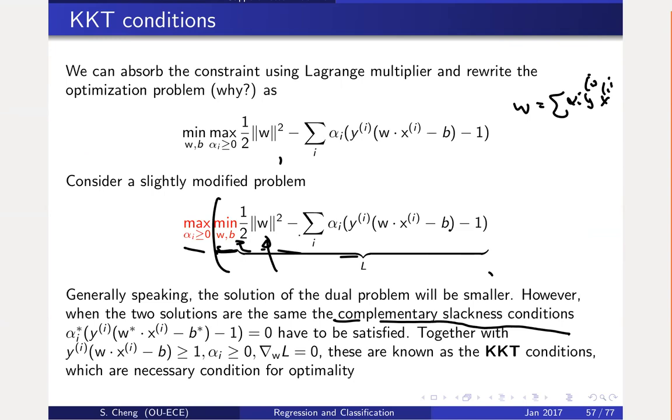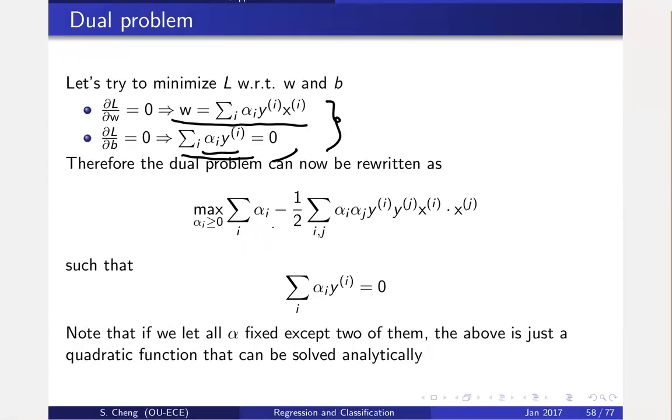You have a 1/2 here, and you can see that this is actually the same term as this one, so when you subtract, you have 1/2 of this thing left. I also have this part equal to 0, because the derivative with respect to B is 0, so this part will be gone. I still have a 1 here, so I should get something like this. Don't worry about it, it's just algebra.